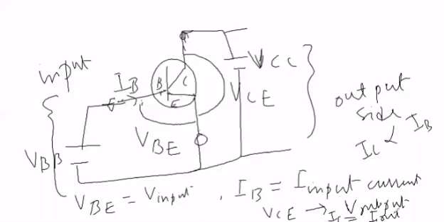So a proportionality constant comes in: IC is equal to beta times IB.